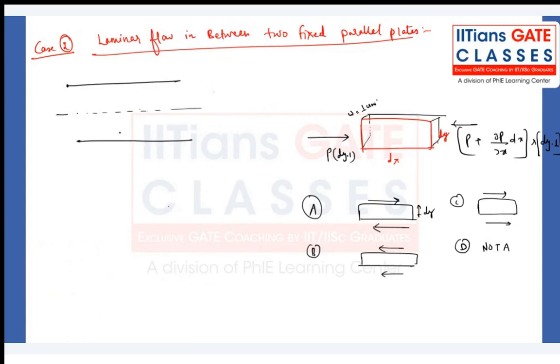I'm assuming a fluid layer over here like this at a distance y. Now tell me, for this fluid layer at a distance y from a fixed plate, what will happen?